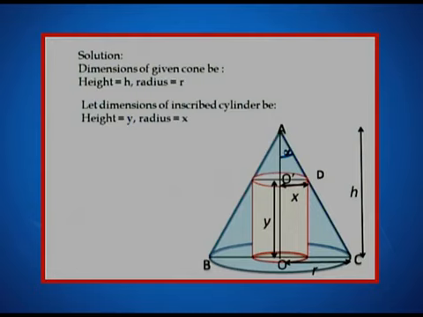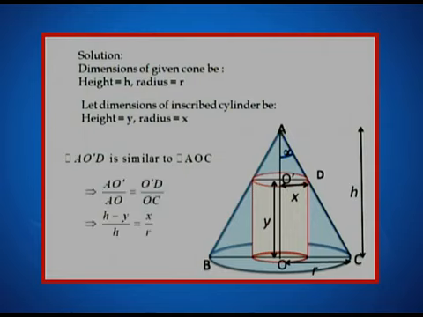The key to this problem is to figure out a relation between y and x such that the volume of the cylinder can be written as a function in one variable. In this case, the relation comes through similar triangles. The triangle AO dash D is similar to triangle AOC, and therefore, the corresponding sides are proportional, which means AO dash upon AO would be same as O dash D upon OC.